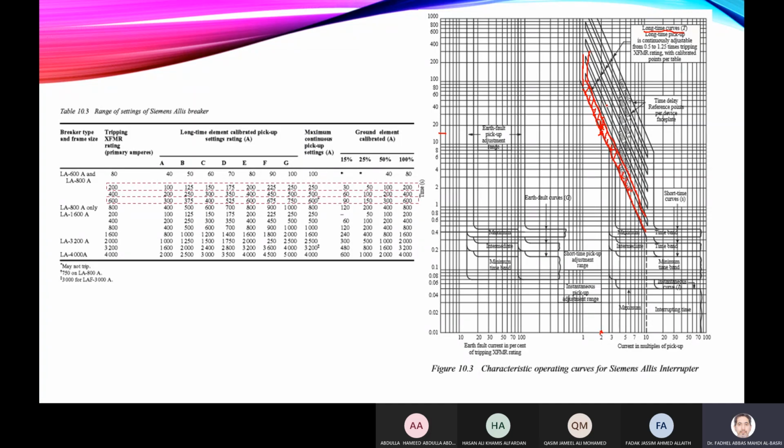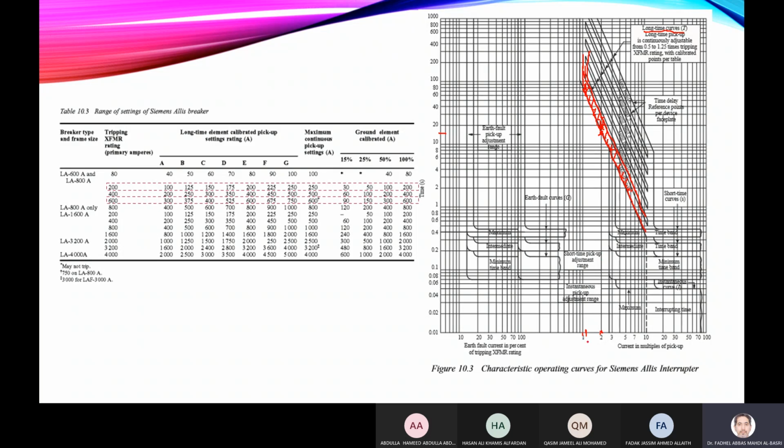So this is called the pickup setting for the long time curve. The pickup setting current is the middle point here. As you can see, when the current is higher than full load, somewhere here, it's operating.